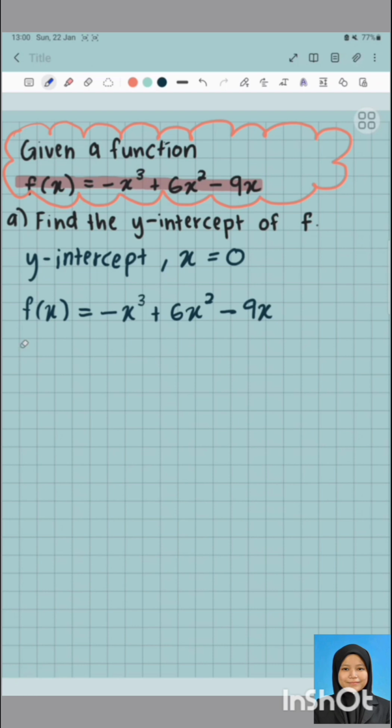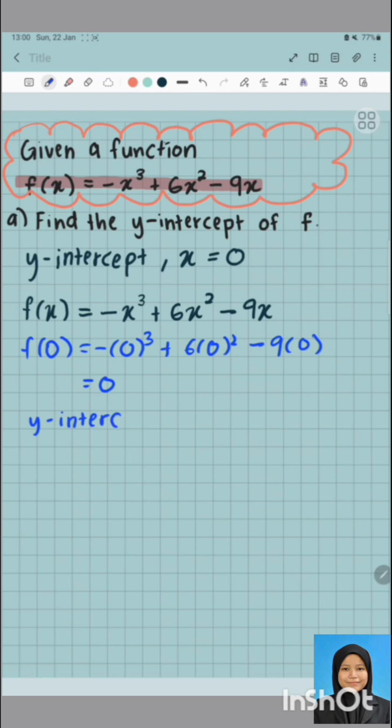Then, we replace x with 0. We will do the calculation and we will get the answer is 0. So, y-intercept is at the point (0, 0).